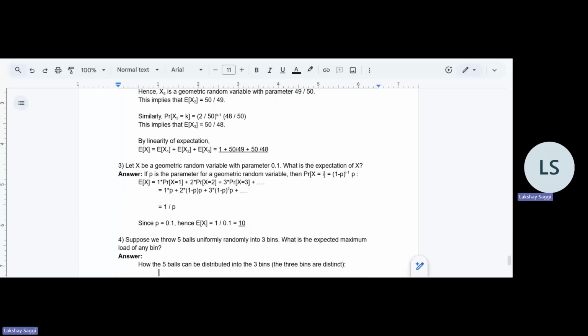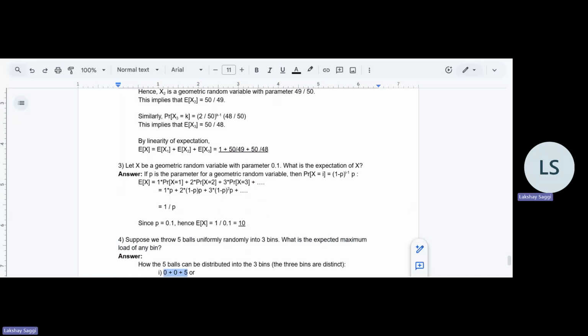So the first way can be that the first bin has 0 balls, the second bin has 0 balls, and the third bin has 5 balls, or any other permutation.